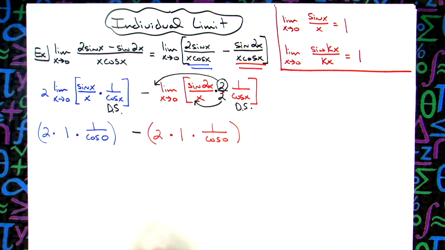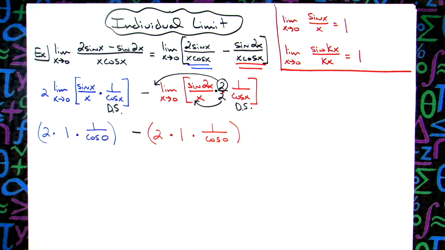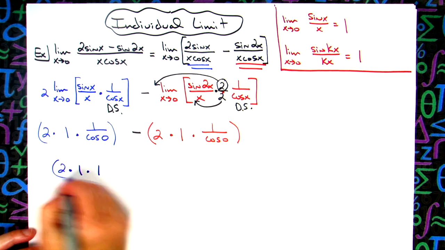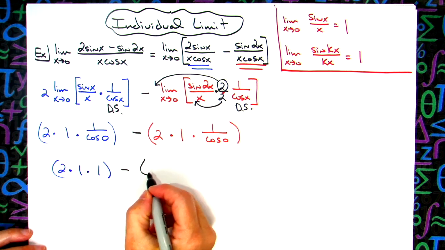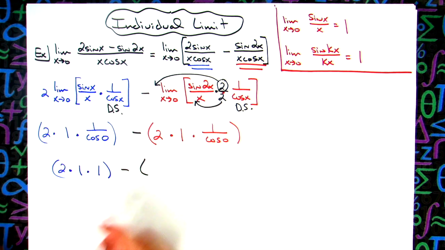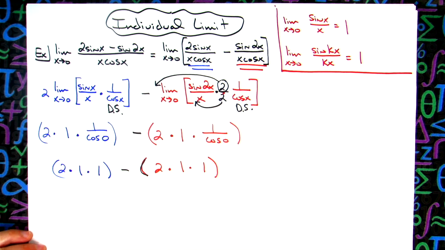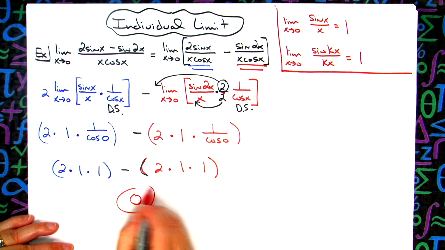Cosine of 0 is just going to be 1, and so 1 over 1 is going to give me a 1 there. So I'm going to have a 2 times a 1 times a 1. And then that'll be minus the exact same thing over here. I need to switch back to my red. So I'll have a 2 times a 1 times a 1 right there. So basically 2 minus 2 is going to give me an overall limit of 0.